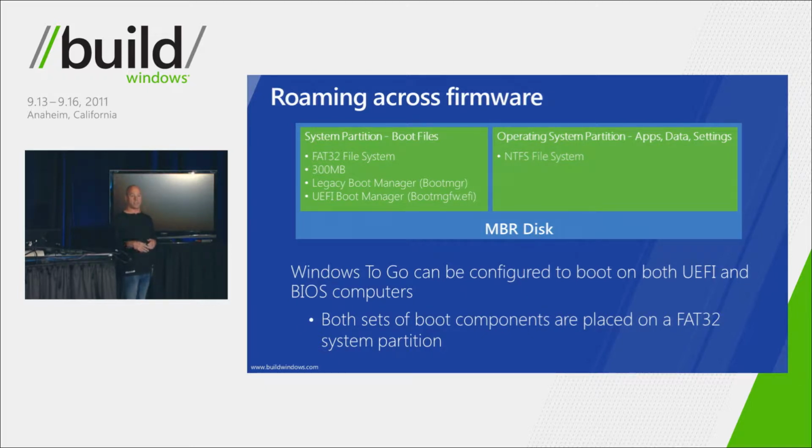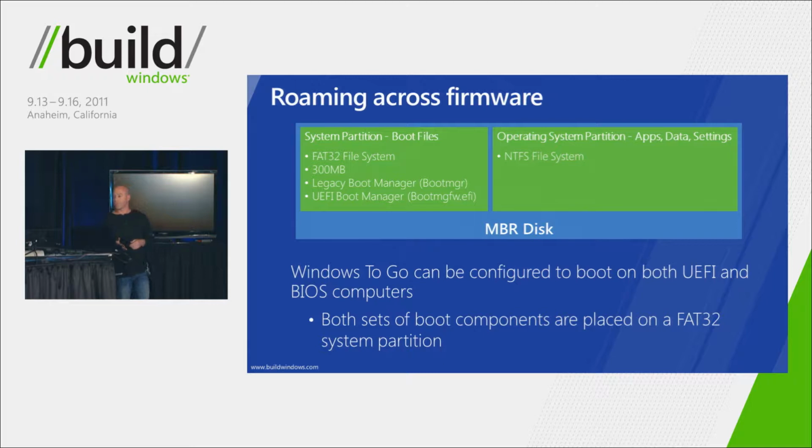However, for Windows to Go, it's quite a challenging issue that we solved, which was, how do you roam from one firmware type to another? We spent a lot of time thinking about this, because today, you'd never see that problem. 99% of machines that you would encounter are either running legacy BIOS or running UEFI in legacy BIOS mode. However, going forward, you will start to see more Type 3 systems which are running native UEFI.